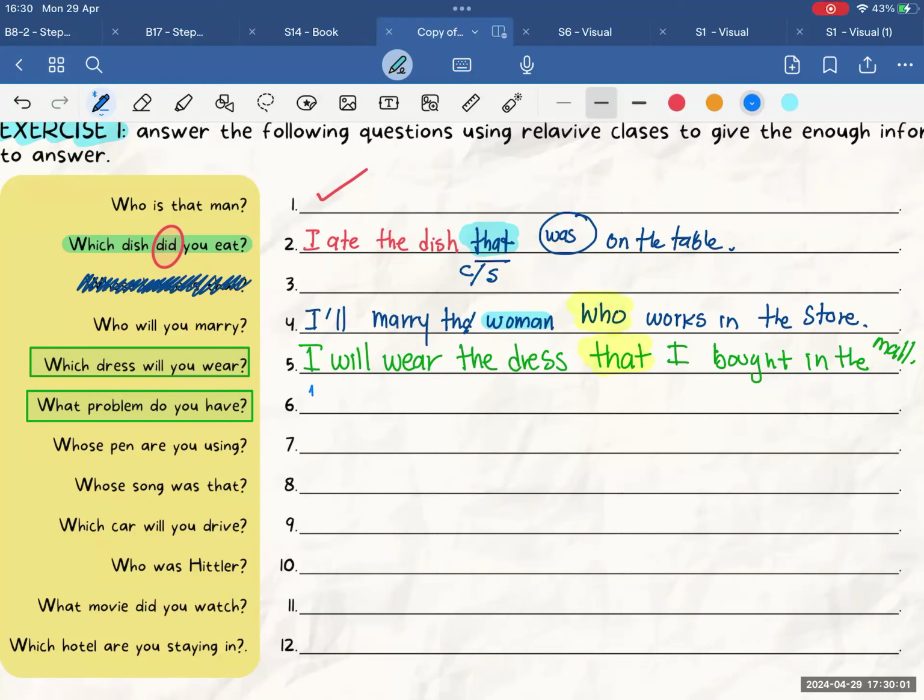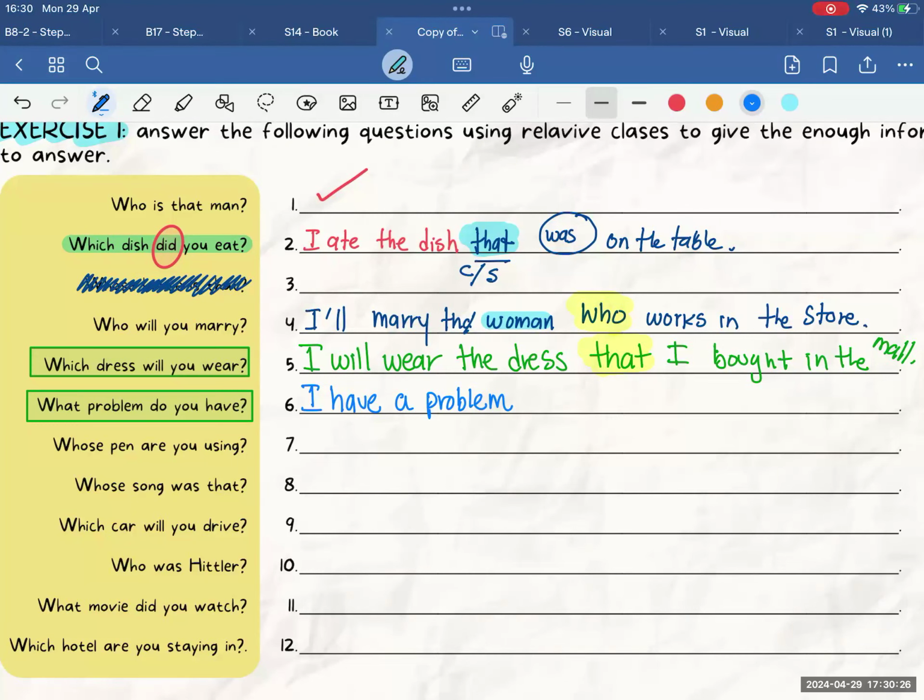I have a problem whose... Whose? Really? Whose or whose? I don't know.